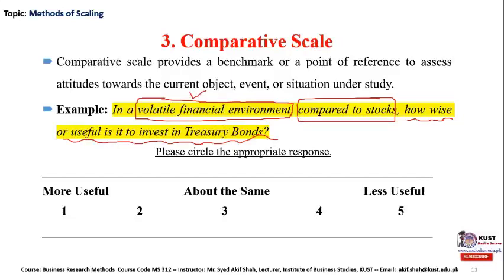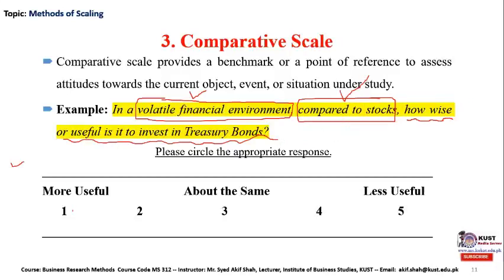As this is a safer investment in comparison to volatile financial market share or stock investments, the researcher is interested to find out on the basis of the following scale. He asks you to please encircle the appropriate response on how wise or useful it is to invest in treasury bonds compared to stock investment.